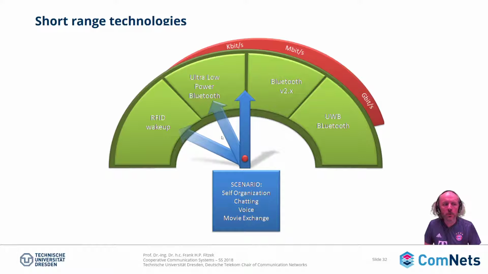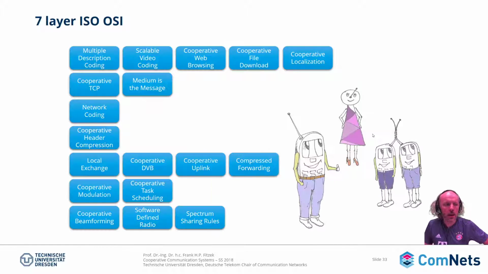Ultra low power Bluetooth to identify services and other cooperative partners. Bluetooth to exchange some contracts for cooperation, and then later, if you exchange real data, going to the technology where the energy per bit is the lowest. But just switching this on will eat up the battery. But then you are in the phase of retrieving some services and everything should be fine. Okay, with that, I would like to start with the 7 layers of ISO OSI in our next part.